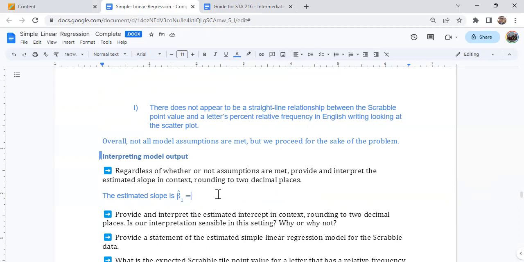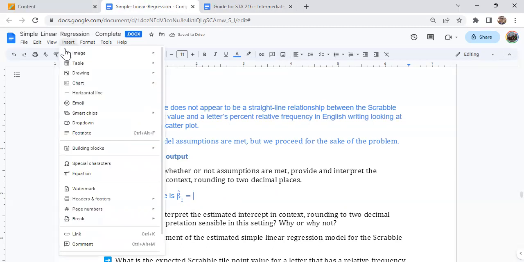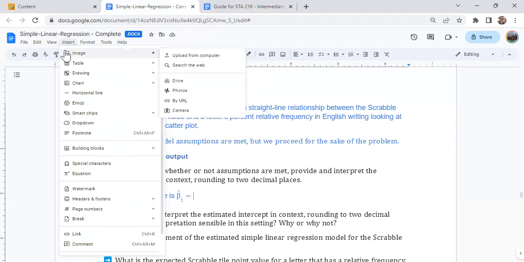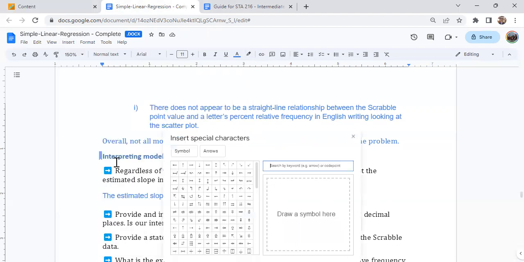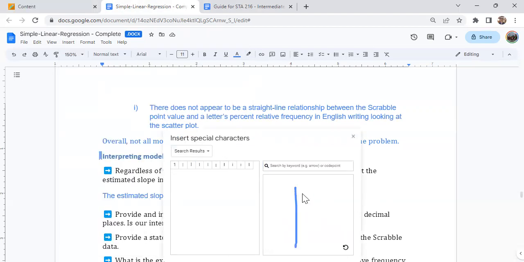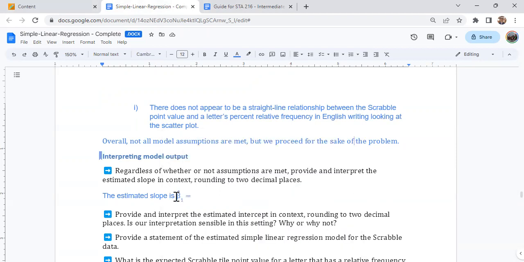If you ever want the Greek symbols in Google Docs, it's pretty nice in case you're not aware. They have this insert special characters option, and you can draw the symbol, which works. Like, oh, I want the beta, and then you can get the beta like that. There's no beta hat, so you have to insert the beta and then add a hat.